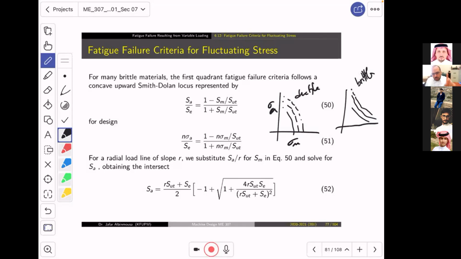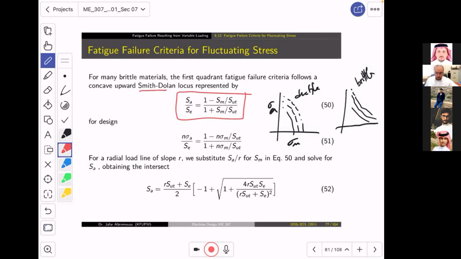Now, we have only one equation in your textbook which proposes to relate the fatigue strength for brittle material. It is known as the Smith-Dolan equation, and it is written in front of you.